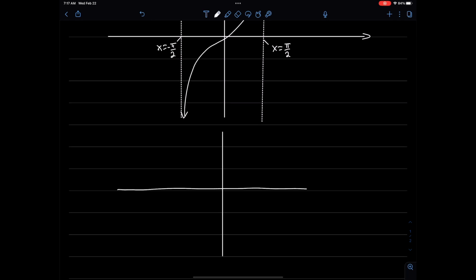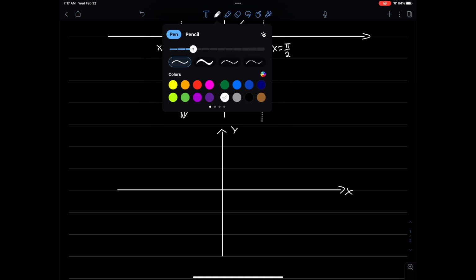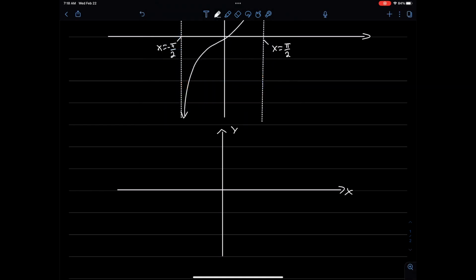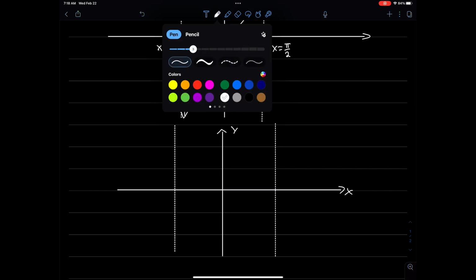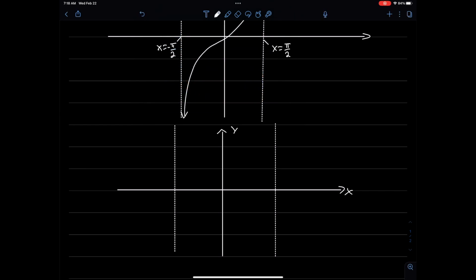Okay. So here's your phase shifted one. Draw your axes. Now, what I'm going to do here is draw a dotted line at my new phase shifted value at negative pi over 2. And I'm going to draw a new one at positive pi over 2. Now, these are not vertical asymptotes. I want you to draw a thin line as a new axis for you to reference.